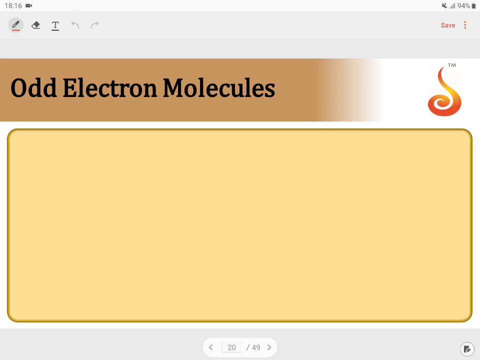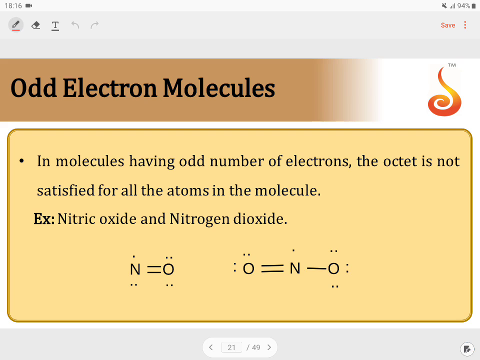The second thing is odd electron molecules. Octet means 8 electrons, but there are certain molecules where, after the formation of bonds, the number of valence electrons is an odd number. For example, nitric oxide. It has nitrogen and oxygen. Nitrogen has 5 valence electrons and oxygen has 6.